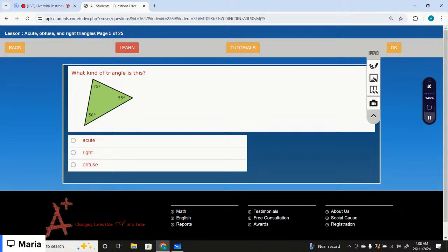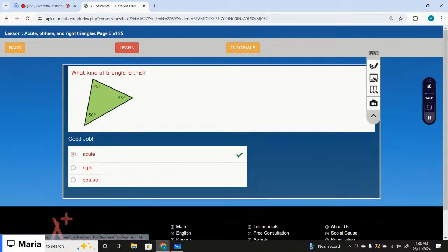The correct option is acute triangle because all the angles are less than 90 degrees. So that is an acute triangle. Option number one is the correct option.